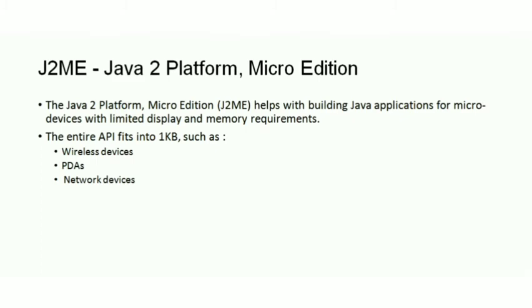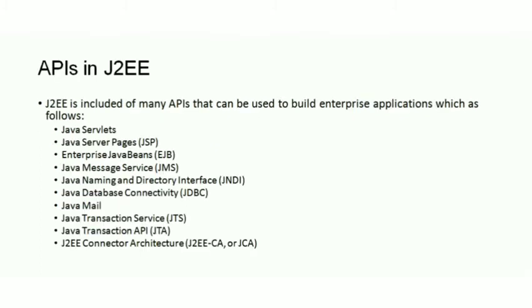Now we move on to the APIs in J2EE. There are different types of APIs that can be used to build enterprise editions, like Servlet, JSP, EJB, then Java Message Service, and JNDI, the naming and directory interface. For database connectivity we can use JDBC, for the mailing service there is JavaMail, then for transaction services there is JTS, transaction APIs, and the connector architecture.